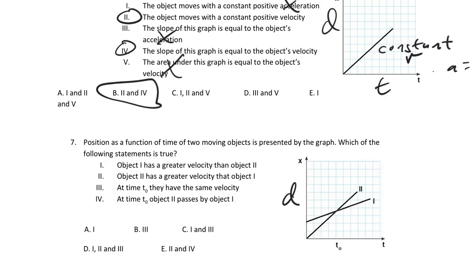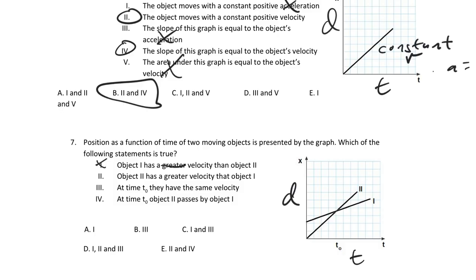Okay, we still have a D versus T graph. So the slope is velocity. Okay, object 1 has a greater velocity. No, it has a smaller velocity because it's less steep. Okay, so cross that one.